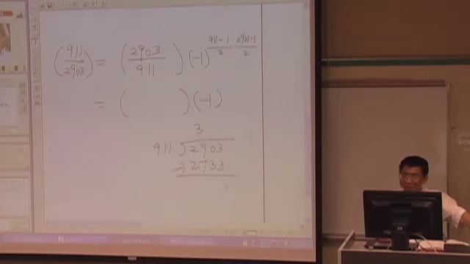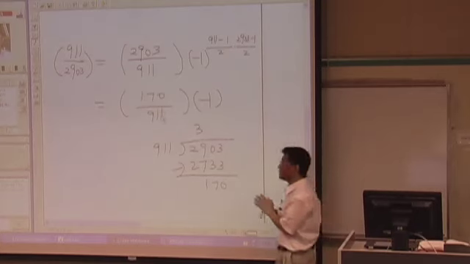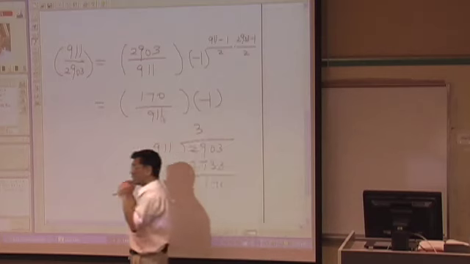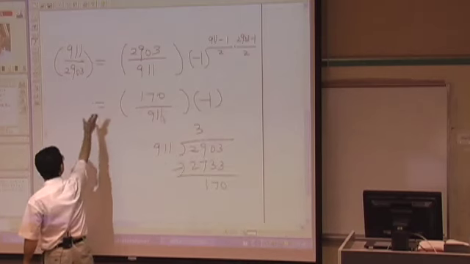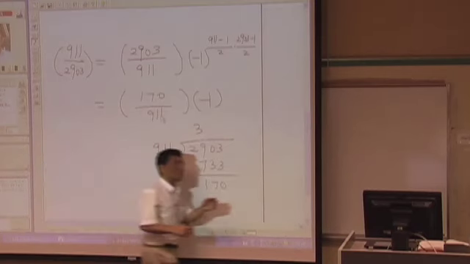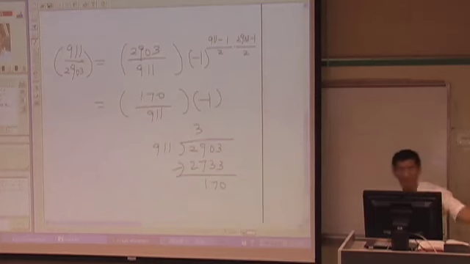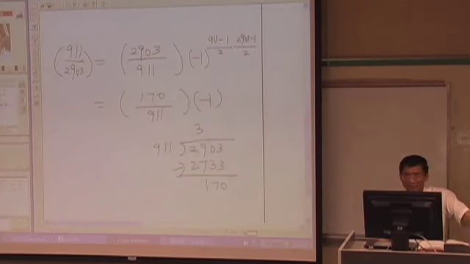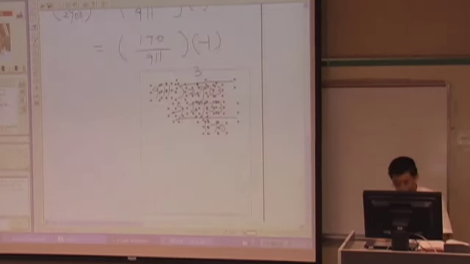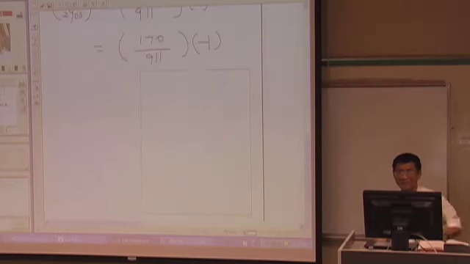If you subtract, this subtraction gives us 170. Then we can break this up by the product property, so we can break up 170.